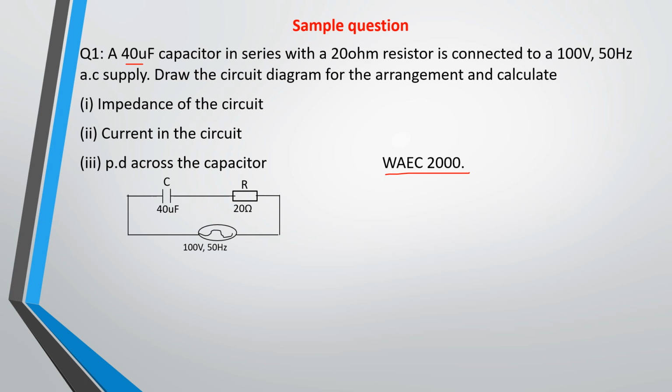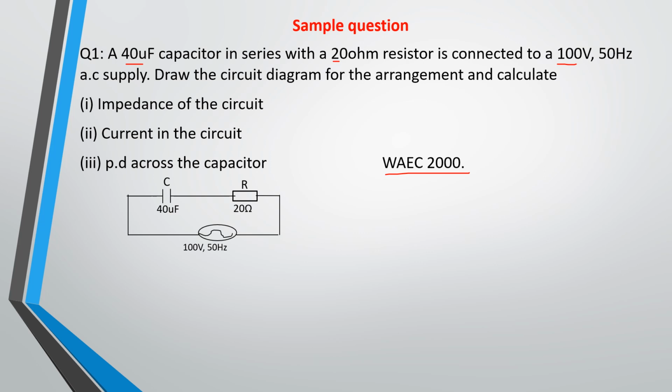The resistance of the resistor is given as 20 ohm, and this is the voltage of the circuit arrangement. The circuit diagram part is taken care of.